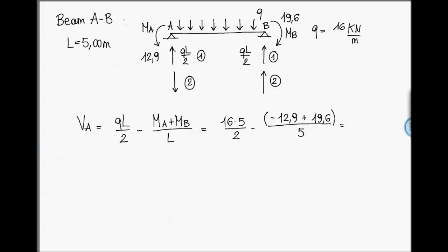By solving this expression, we obtain a shear force equal to 38.7 kilonewton.